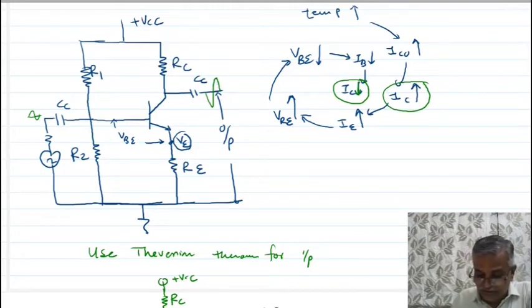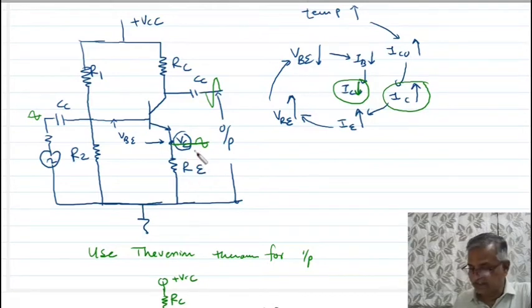Due to junction capacitance between these two, some AC voltage is also developed here. Due to variation of this current passing through the transistor, AC voltage is developed across RE.